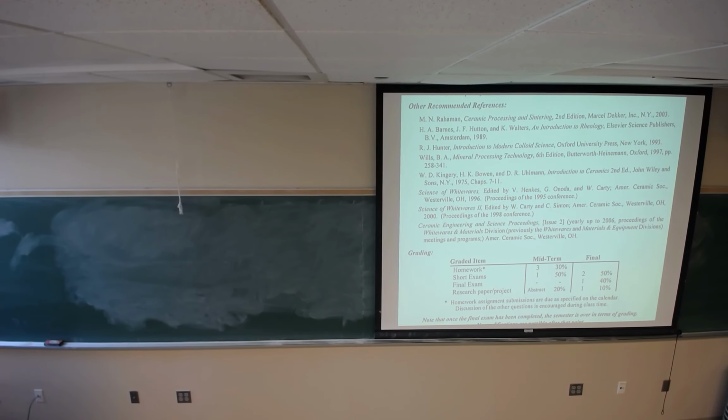You can find it used, and it's cheaper unless the people who are selling it know what it's worth. You almost always find it much cheaper than it is new on the shelf. It hasn't changed since 1975. Not likely to change since Kingery died a long time ago. Science of Ceramic Processing volumes 1 and 2, and after you find those, that's good, just pick them up. And Ceramic Engineering and Science Proceedings are good, but they're no longer being published.